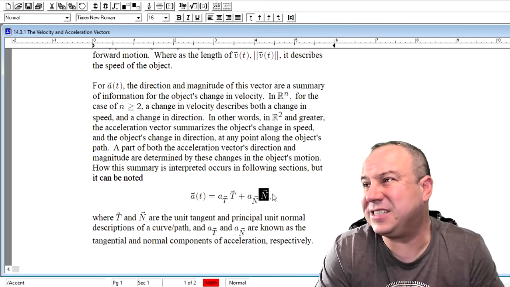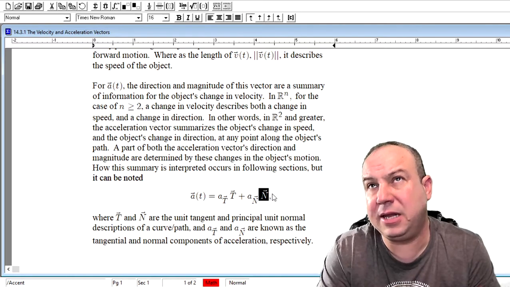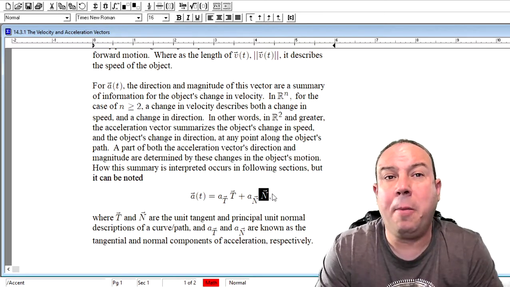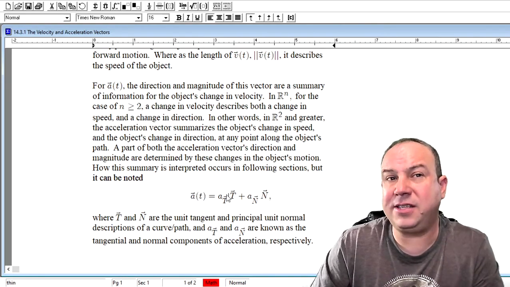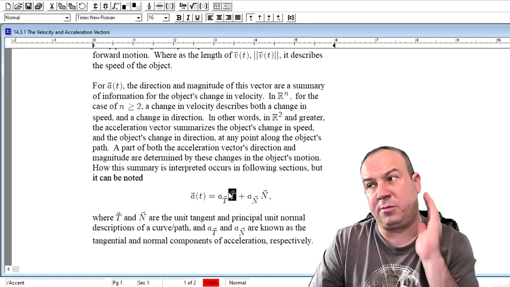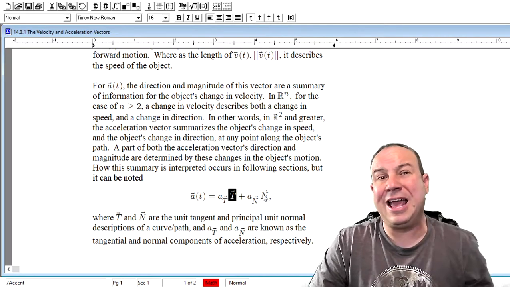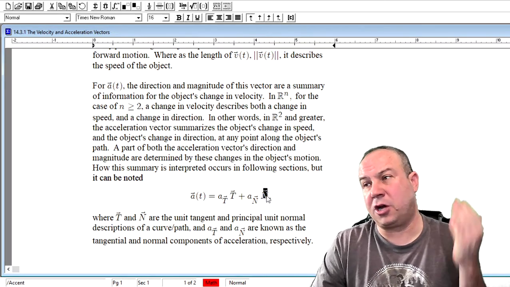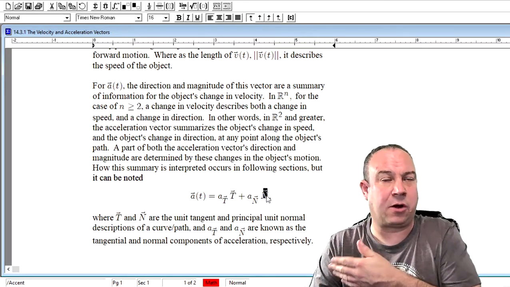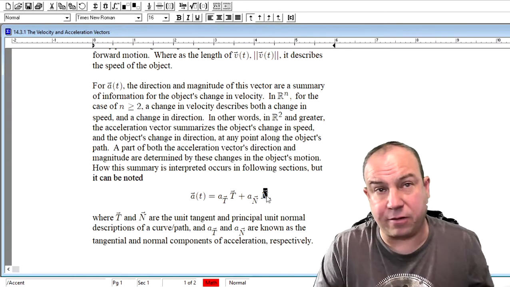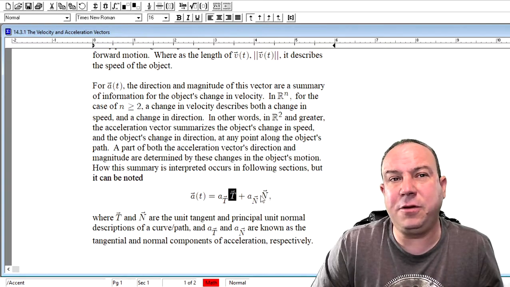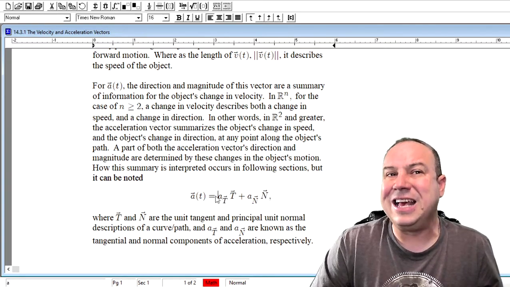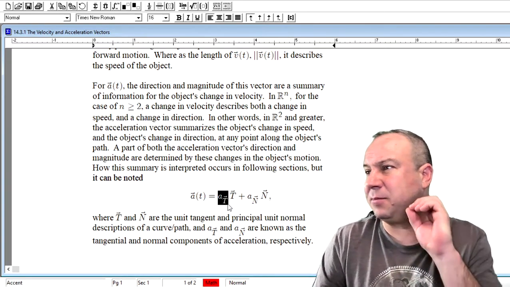We'll get into its description or understanding a little bit in a future section, but in terms of acceleration, it is summarizing some of the change in terms of speeding up and moving forward, and some of that change in terms of turning left or right into some curve. It is going to be these two vectors scaled by some scalar quantity.